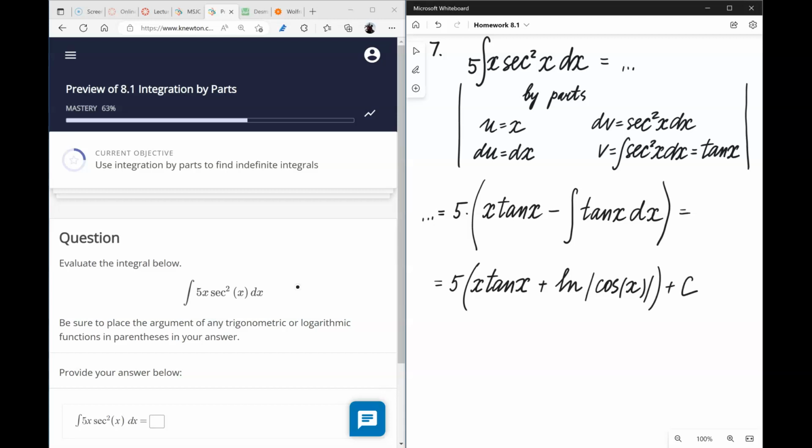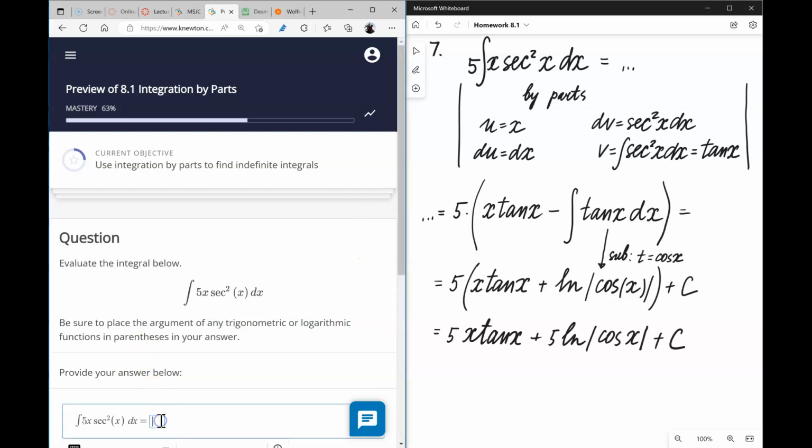And if you want to do this by hand, the way we go from here to here is by rewriting tangent as sine over cosine and doing the substitution t equals cosine x. So this is what I think the answer is. 5 applies to both, so you can write 5 here or rewrite it separately. It's just a matter of preference. All right, let's type this up.